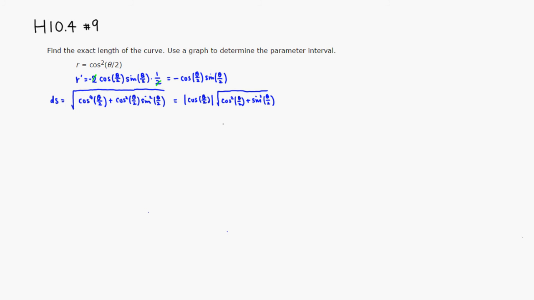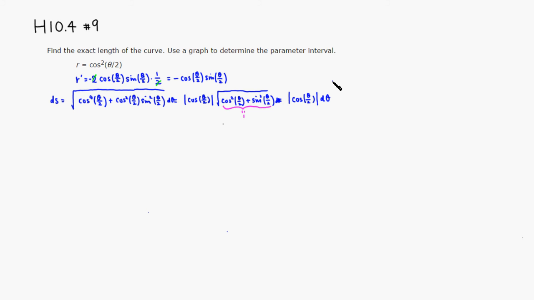Luckily we know that cosine squared plus sine squared is equal to 1. So therefore, this is just going to be the absolute value of cosine of theta over 2. Oh, actually, I forgot to put the d theta at the end. Sorry about that.